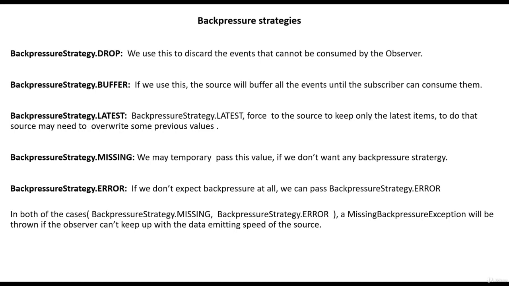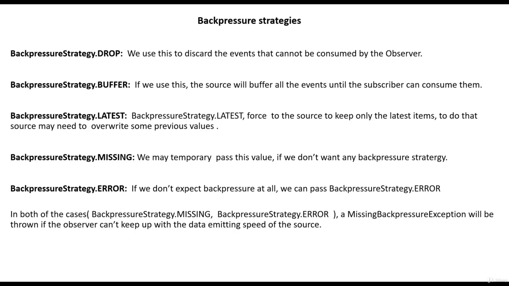So if you provide error, it means you don't want any back pressure strategy and you don't expect there to be any issue with back pressure at all. In both cases, the back pressure strategy of missing and of error, it will throw a MissingBackpressureException. So let us take this into our practical project.